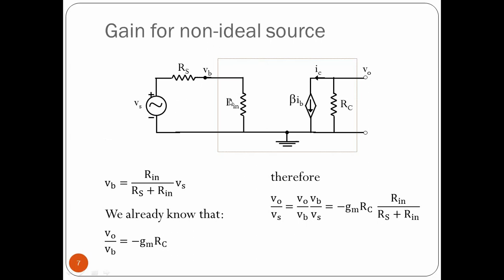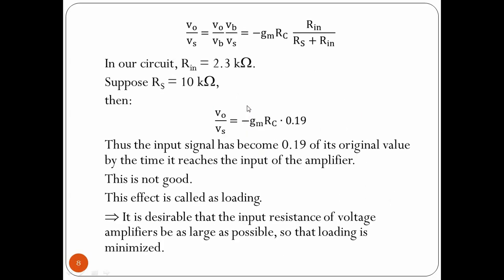What we must do is make Rin much larger than RS, because then we can ignore RS and VB will be approximately equal to VS. For this reason, it is desirable for voltage amplifiers to have a very large input resistance. This is basically the conclusion of this discussion.